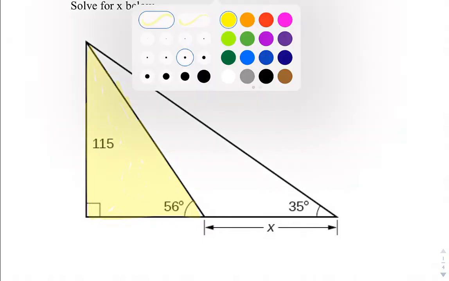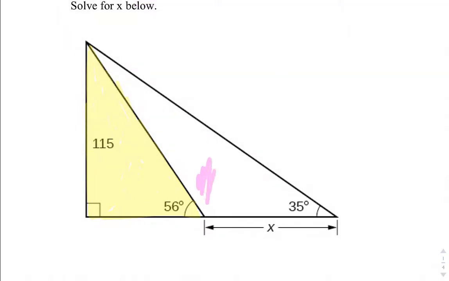You solved it by using two trig functions, and then what you did is you subtracted. So we did that z minus y, it gave you x. Today we're not going to do that. So today we're strictly going to use law of sines just to solve for your measure of x. So yes, I know this is not perfect, but you get the idea.